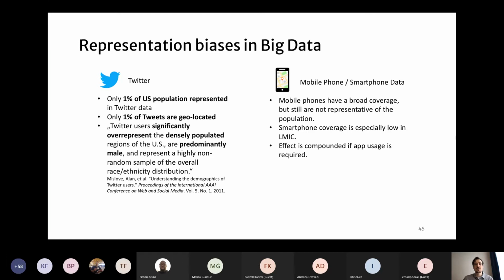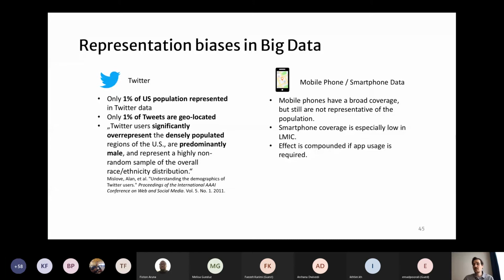And then, of course, you're tied to the specific demographic of this source. A study has found, for example, that Twitter users overrepresent densely populated areas, are mostly male, and the ethnic distribution of the users is very far from the general population.